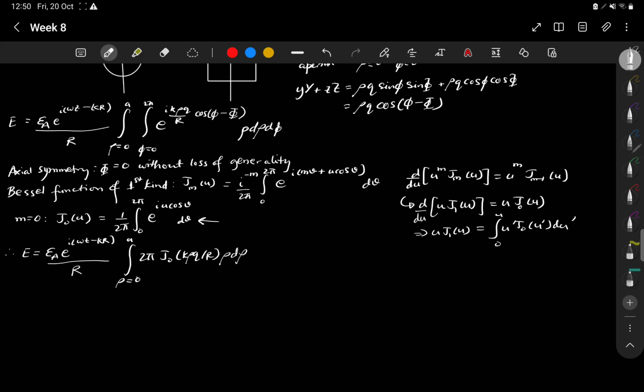Well, for our case, v was phi because we had set capital phi equals 0, and u was k rho q over r.